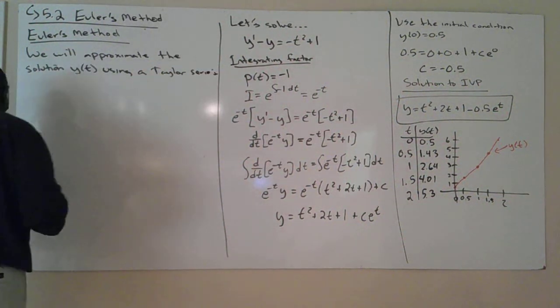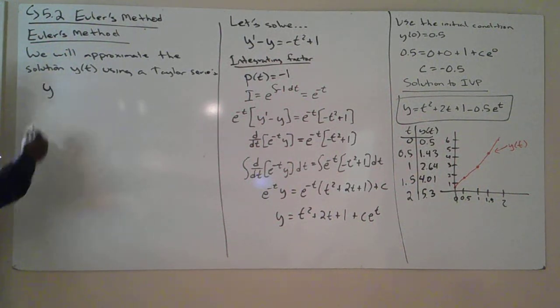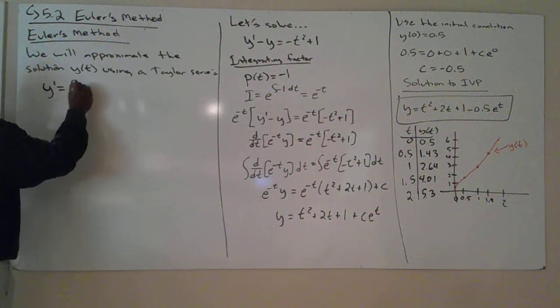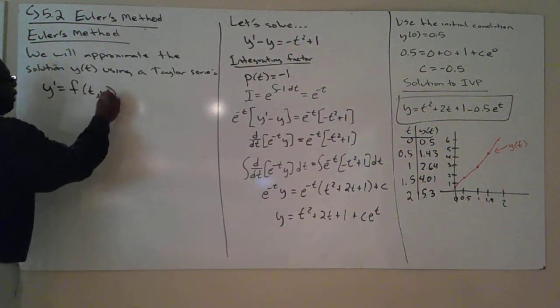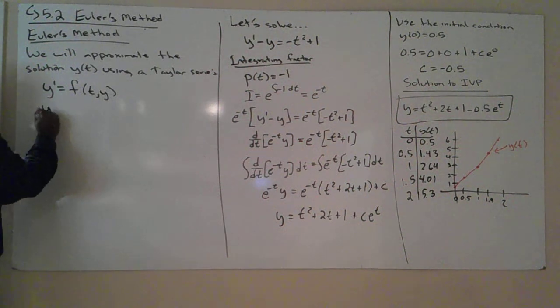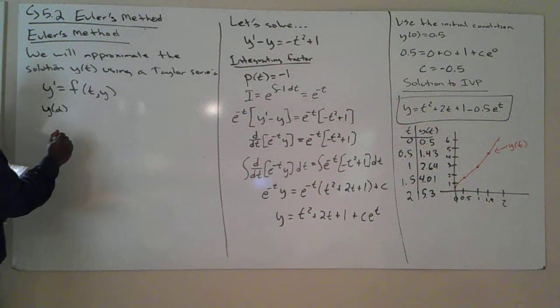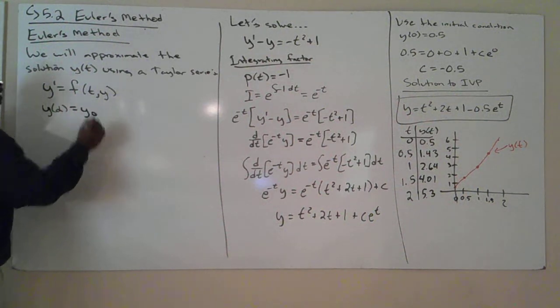Okay. So remember we have y prime is equal to f of t and y, right? We talked about this before. And where we have y of alpha equal to y naught, okay?